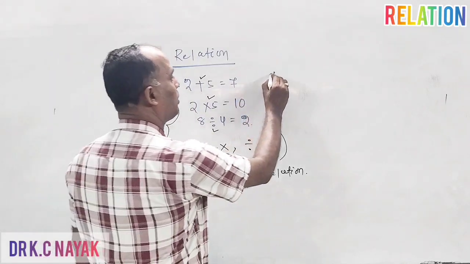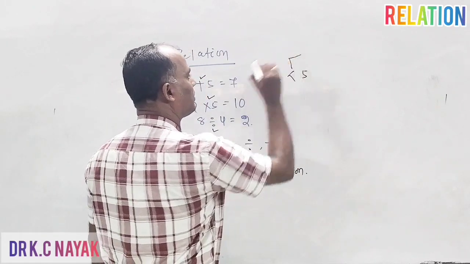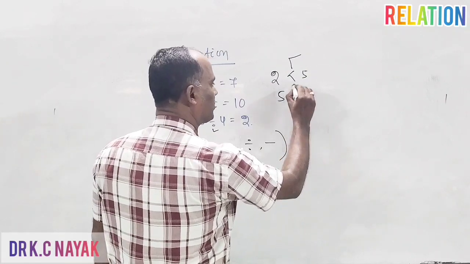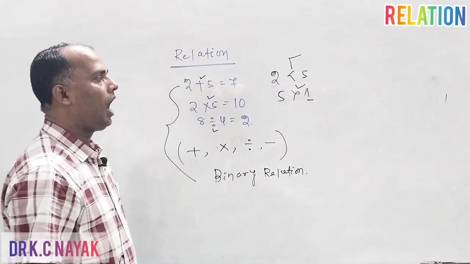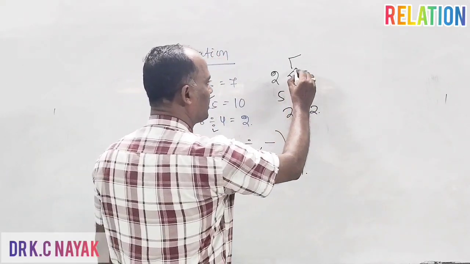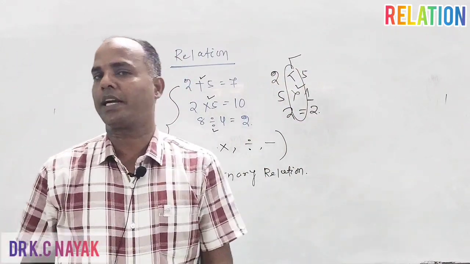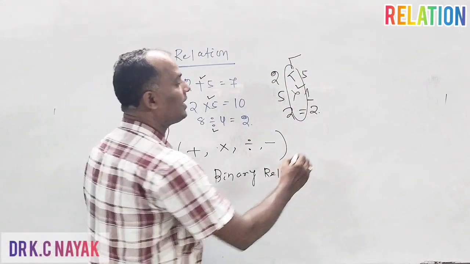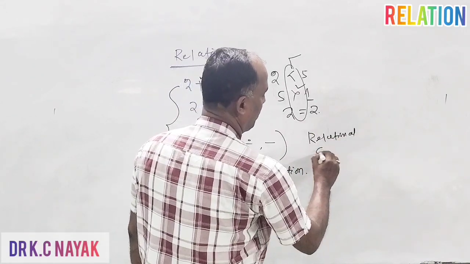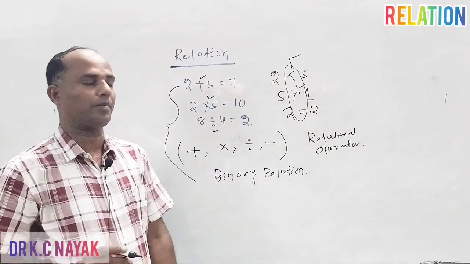Just you see, 2 less than 5. This less than symbol, 5 greater than 1, the greater than symbol, and 2 equal to 2. This less than, greater than and equal is basically represented as relational operator in mathematics.